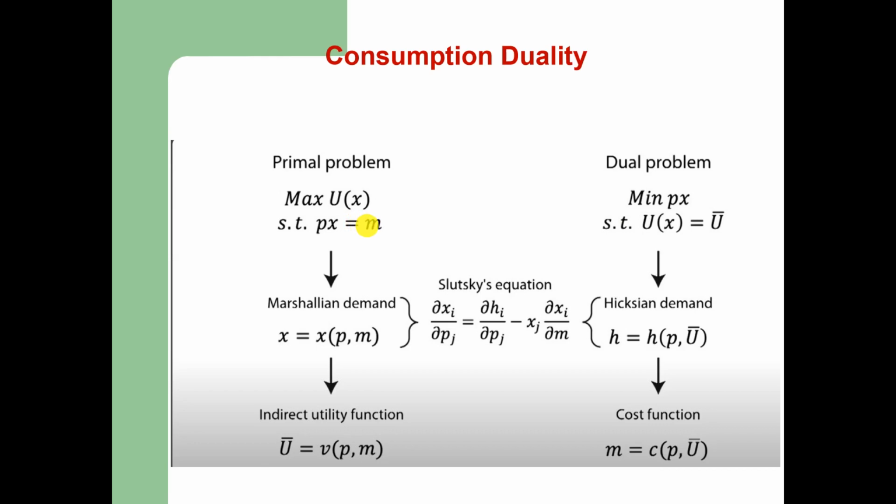If we solve this constrained maximization problem, the solution functions are known as the Marshallian demand functions.